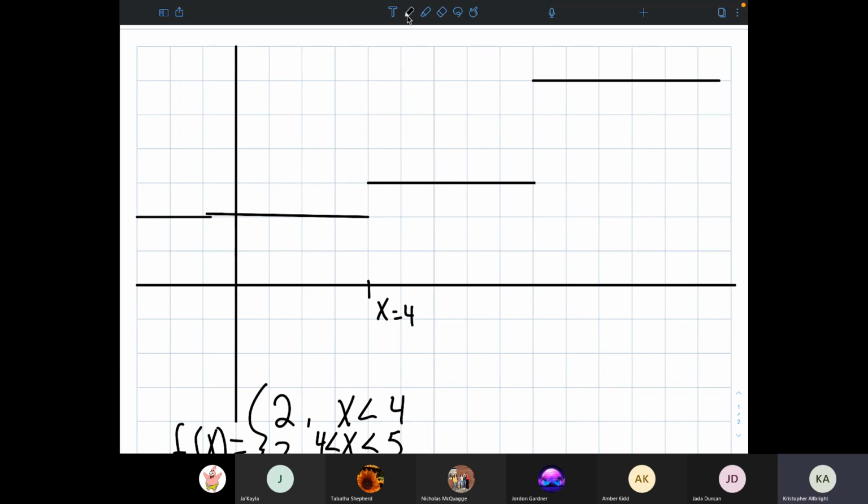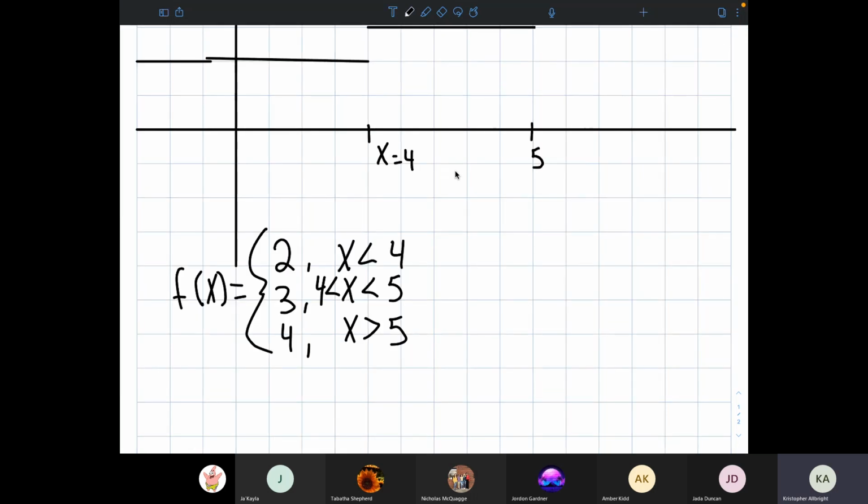And then from 4 to 5, y equals 3. Because right here, between 4 and 5, this area right here, y equals this 3.